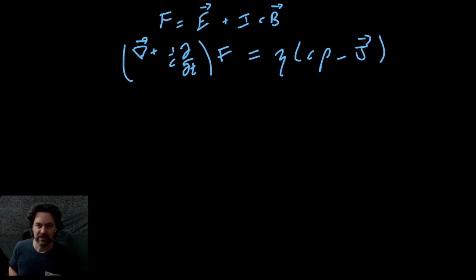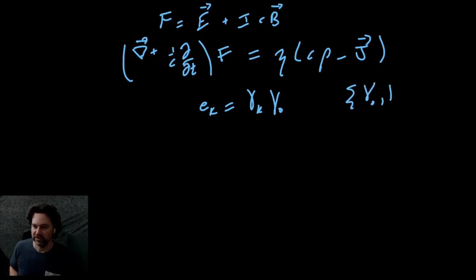We want to see now how we translate to the relativistic basis. In our relativistic basis, we make the identification that E_k is gamma k gamma naught. We're operating in a relativistic basis with gamma naught, gamma 1, gamma 2, gamma 3 components, where gamma naught is the time-like basis vector, and gamma 1, 2, 3 are the space-like basis vectors.